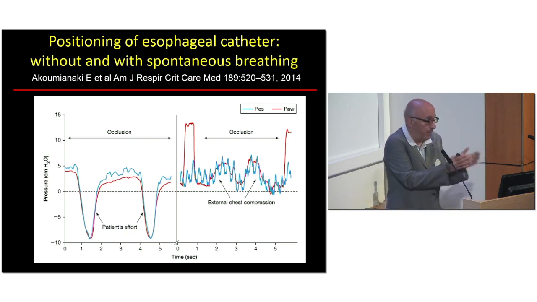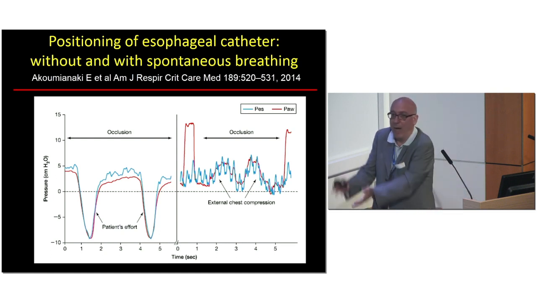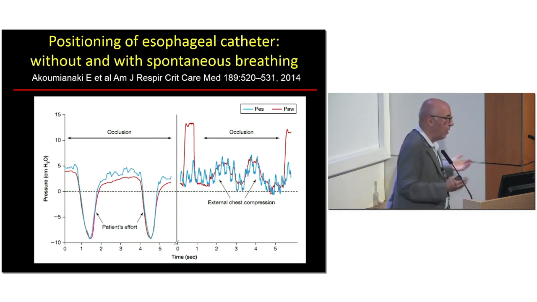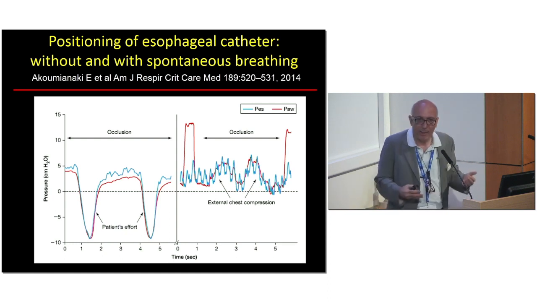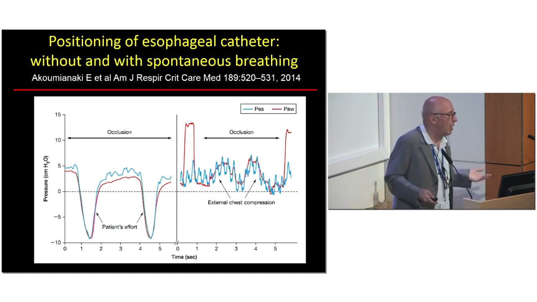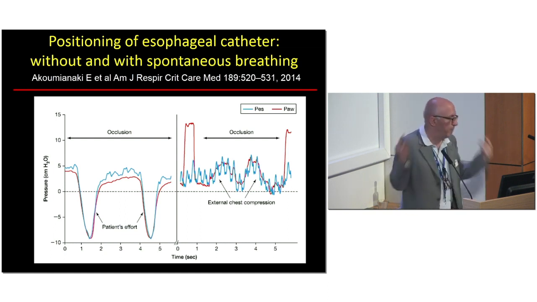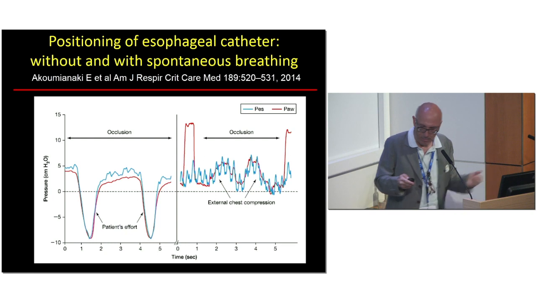But again, it's valid only for that moment. It's for research, because after 2 hours the patient is moving, or the nurses, or whatever, and you don't know anymore what's going on. The balloon has to be recalibrated, the maneuver has to be redone, very complicated.